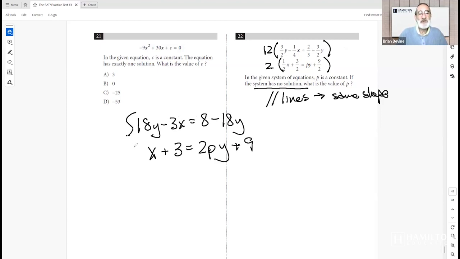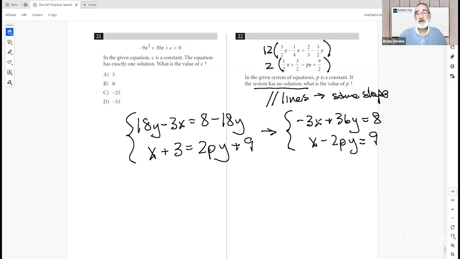Now, this is an equivalent system as the one given. It just doesn't have all the fractions, but it's the same x's and y's that would solve that one. And I can clean this thing up a little bit. I can rewrite this thing as negative 3x plus 36y equals 8, and x minus 2py would equal 9.